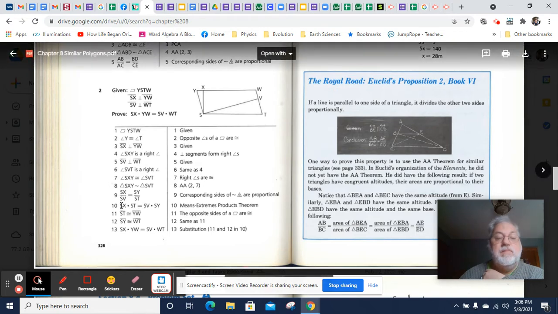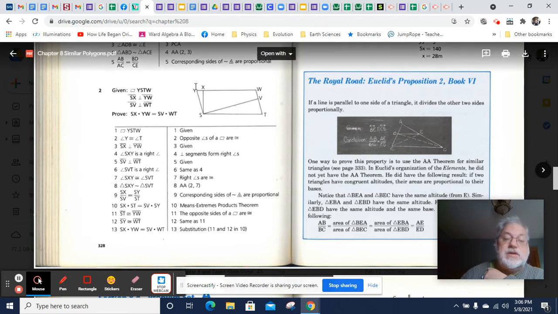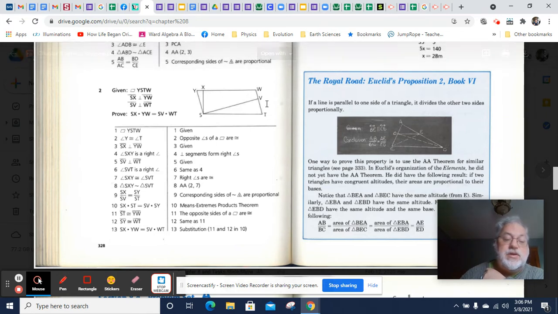And then you can multiply that out. SX times ST, that's the product of the extremes, equals the product of the means, SV times SY. But since ST is congruent to YW and SY is congruent to WT, we can simply substitute WT for SY.